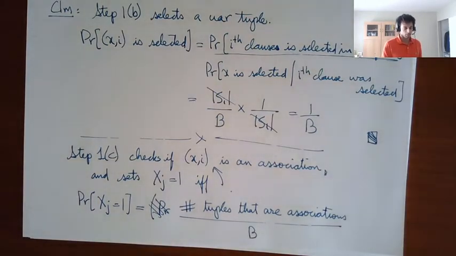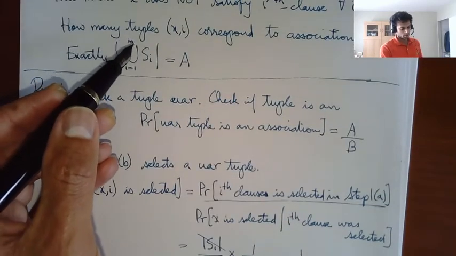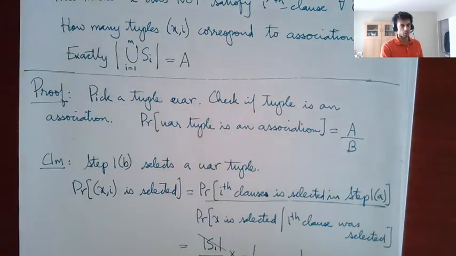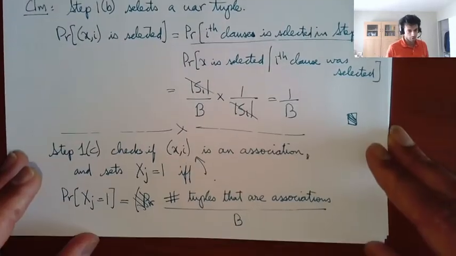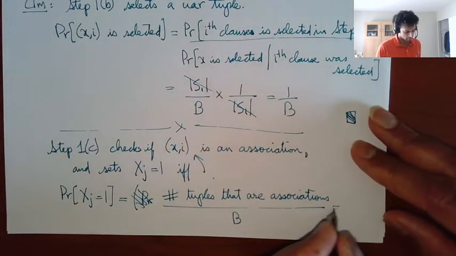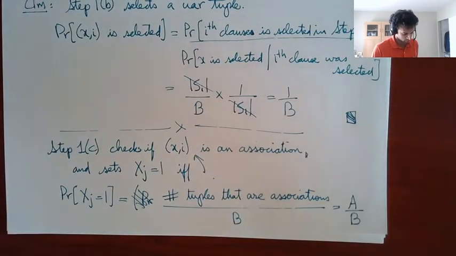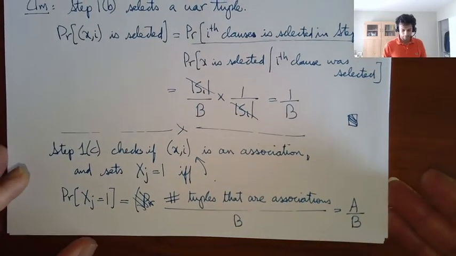We just argued that the number of tuples that correspond to associations is exactly a. So the probability that xj is equal to 1 is exactly a divided by b.